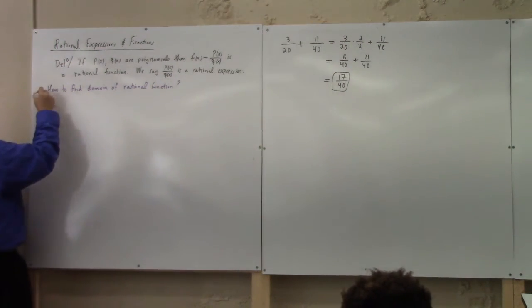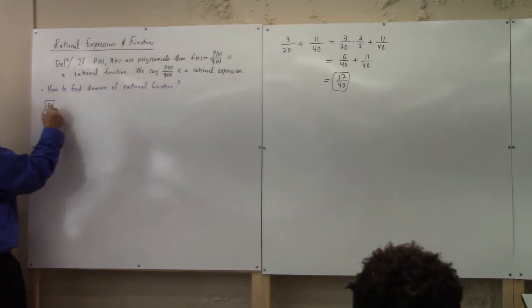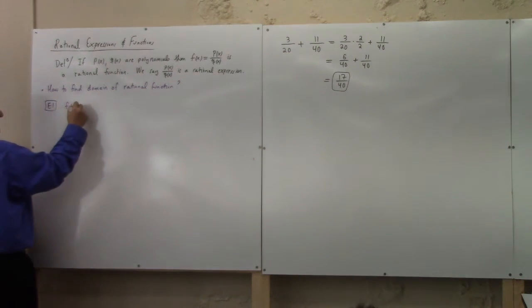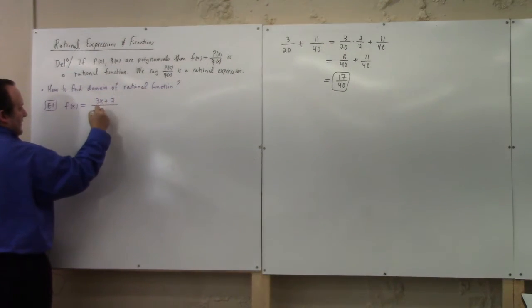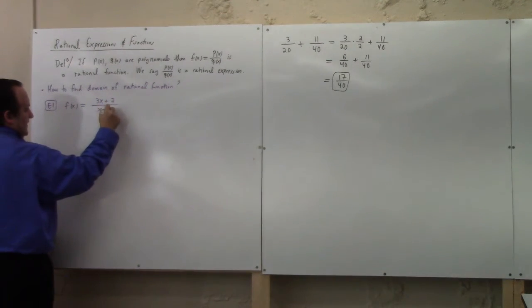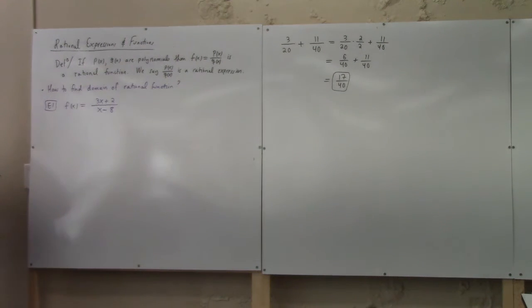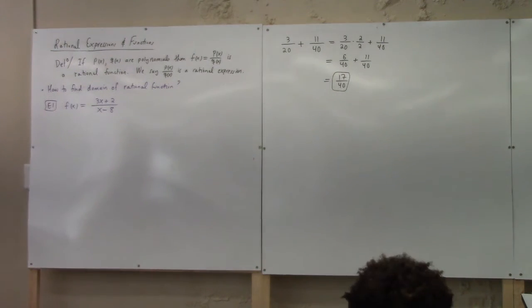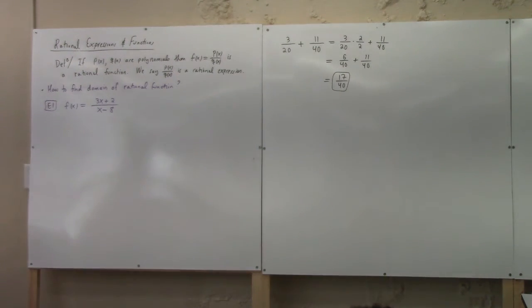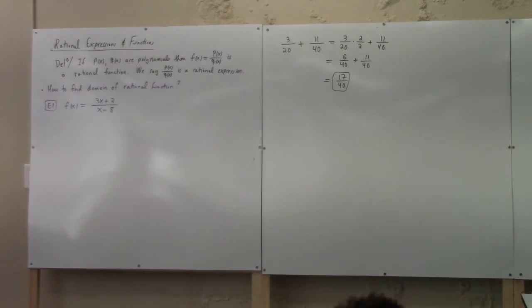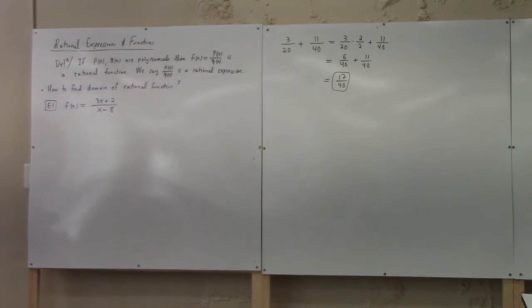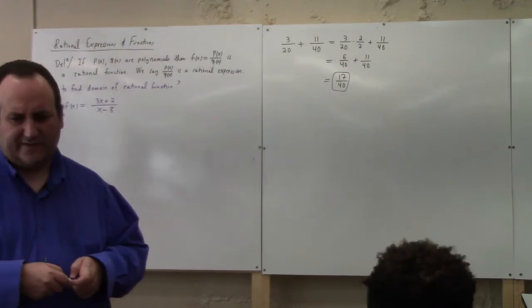All right, so example 1, suppose we had f of x equals 3x plus 2 divided by x minus 8. What's the domain of f of x? So to figure out the domain, we have a formula, right? So the question of what the domain is, is the question of where does that formula break down? So what's the problem with that formula? It's got division, right?